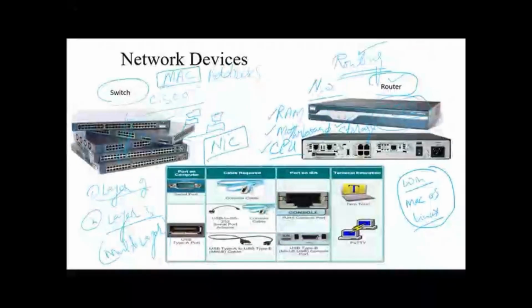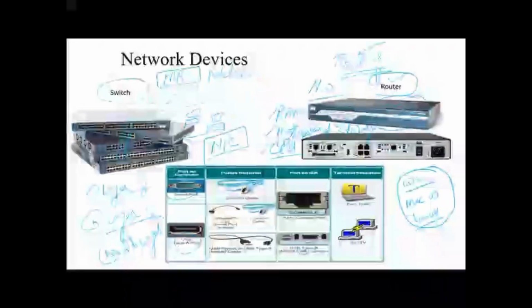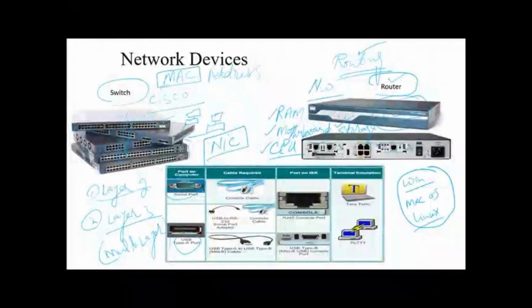To access the iOS or operating system of the router or switch, you need a port like a USB port, or in old computers a serial port. But I think nowadays we don't have that serial port. It is obsolete, but we still have the USB port.